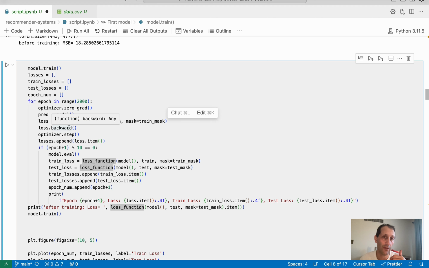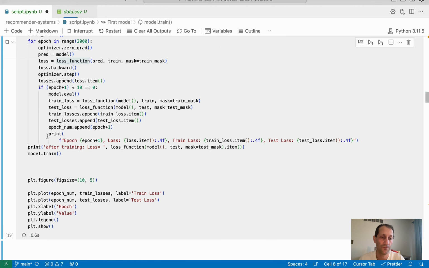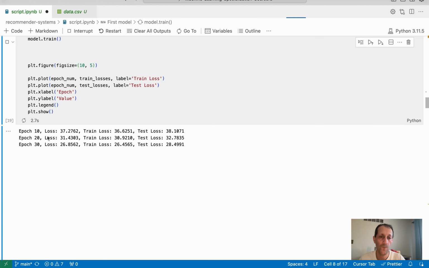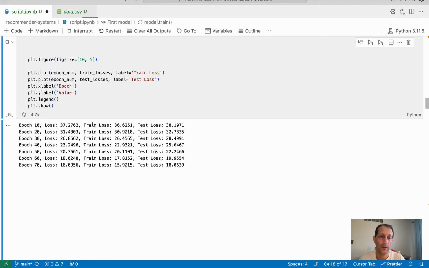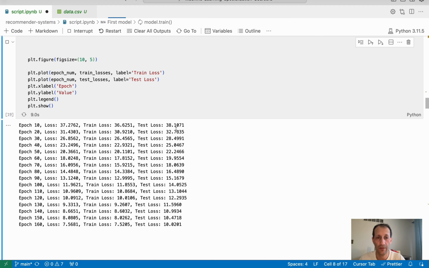Do a backward pass, get the gradients, and then update the parameter values. Once in a while, measure the performance on the test data set and the train data set. So I'm going to run this. And here is the train loss, and here is the test loss.